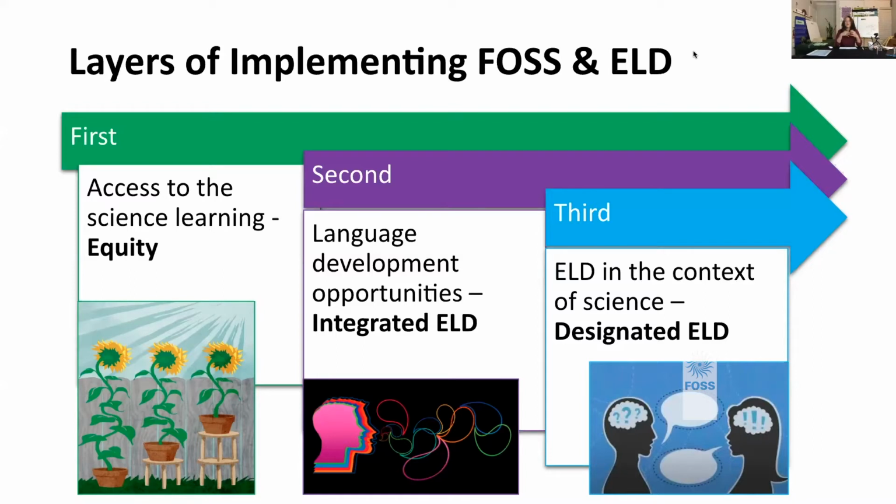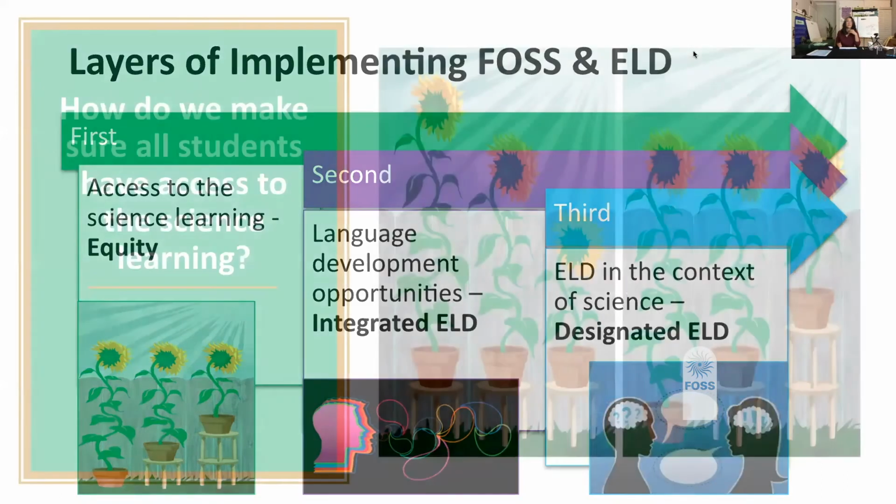So they're very engaging for students, and they support the science learning. At the same time, they're developing the kind of language they need in order to learn content. So those are the three stages that I like to think about for how we implement FOSS and ELD.